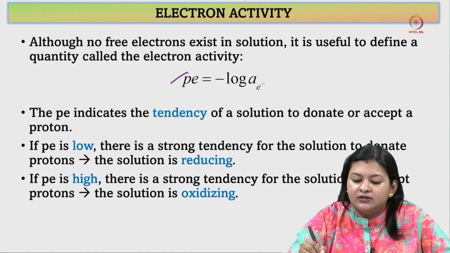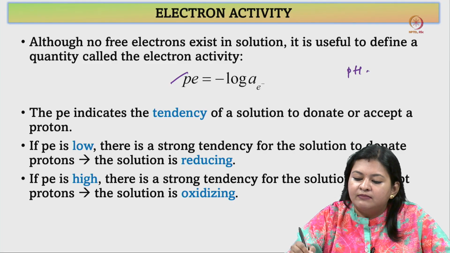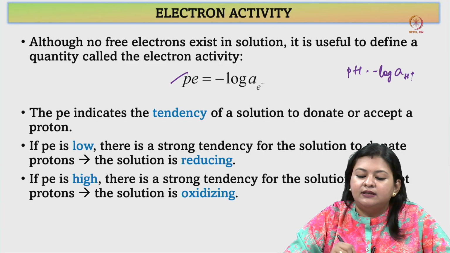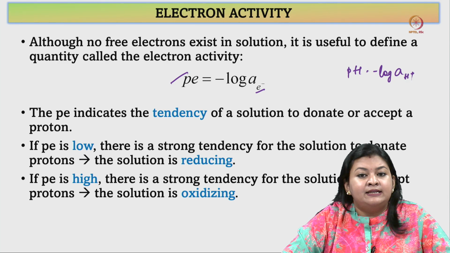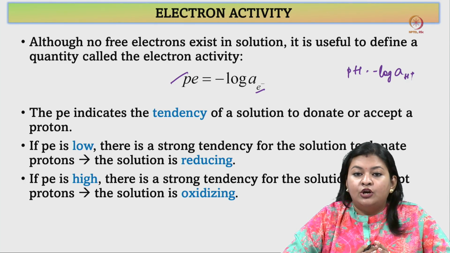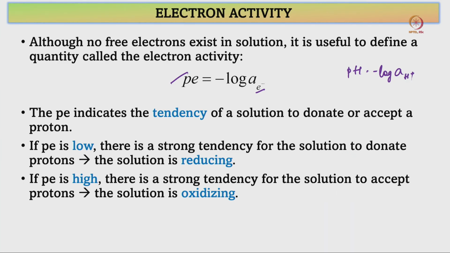Very similar, it is just like pH. So, pH was equal to minus log of the activity of H plus ions, here it will be the electron activity. And what does it indicate? It indicates the tendency of a solution to donate electrons or accept a proton. If the pe is low, there is a strong tendency for the solution to donate electrons.